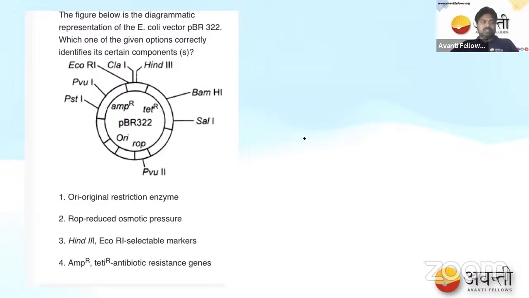Option 1, actually this is option A, B, C and D. Option one: origin of replication, ROP reduces osmotic pressure, hint to EcoRI, selectable marker AmpR, TetR, antibiotic resistance genes. I'm launching a poll for it. Please answer fast.